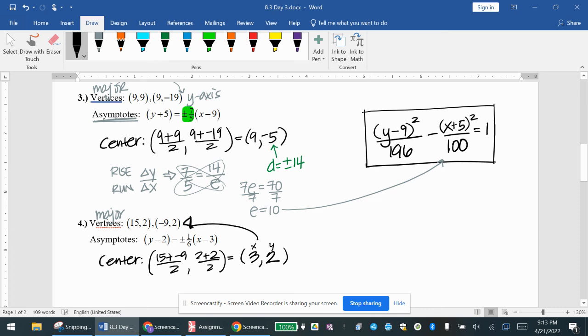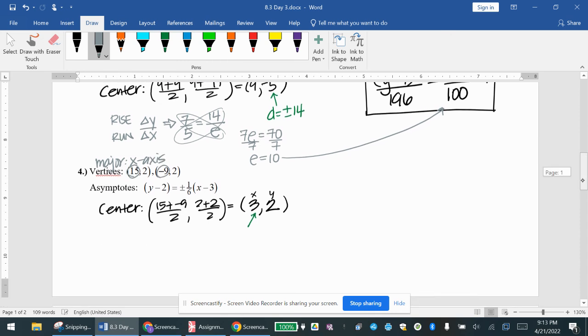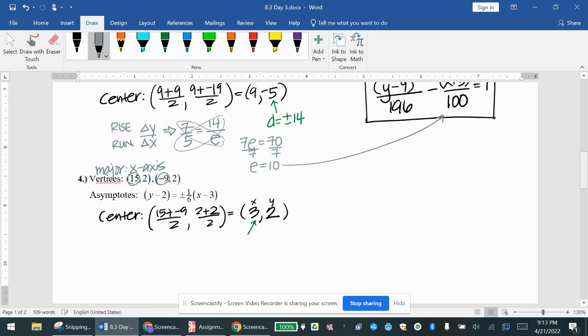Did the x values change or did the y values change? If the x values change, then that's your major axis. So your major axis is the x-axis because the x values changed. By how much? So how did they go from 3 to 15 and from 3 to -9? They added or subtracted 12.